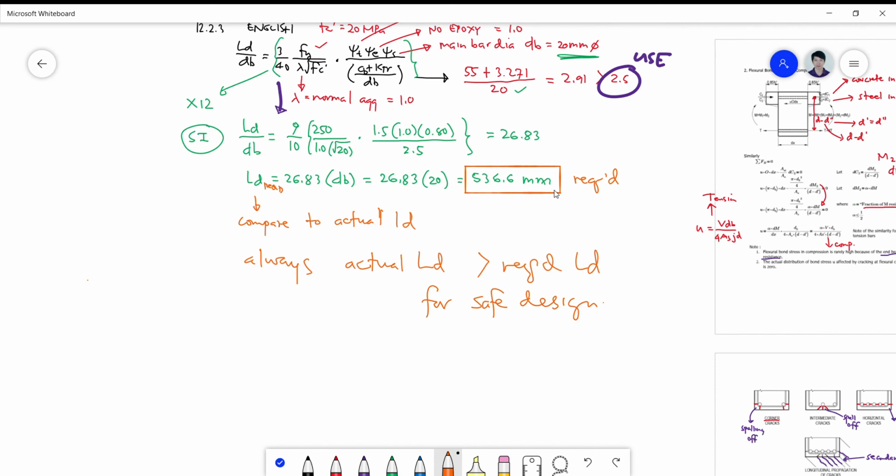Then maybe on Thursday, you will be having your first quiz on the final term regarding deflection and length of development. So you start reviewing those two topics.